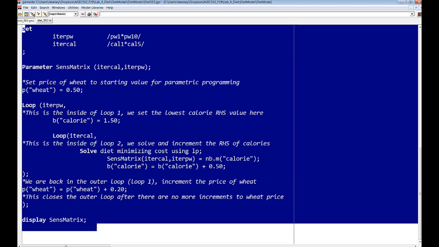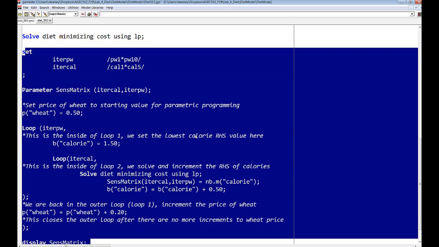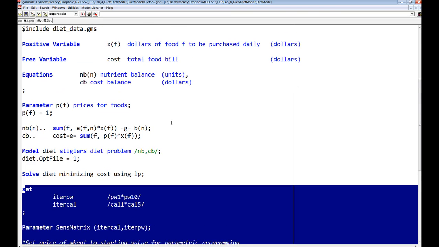So we were going to range over some different evaluations of the price of wheat and calorie requirements, and look at the relationship between the price of calories, the quantity requirement of calories, and the price of wheat. Right, so that's what's going on there.